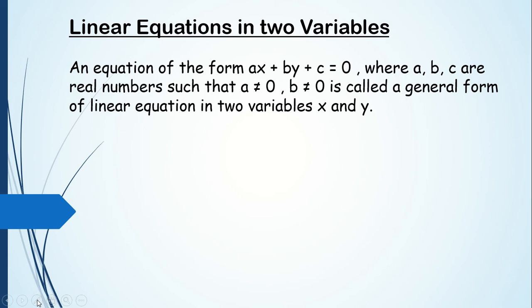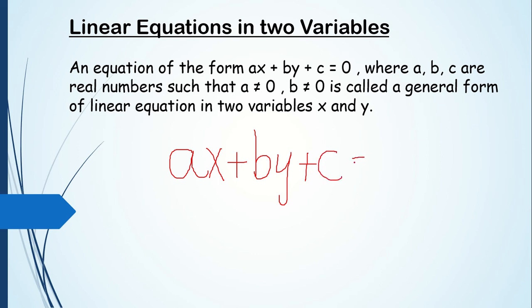This, ax plus by plus c is equal to 0, is the general form of linear equations in two variables. The most important first point for any equation to be a linear equation is that the degree of the variable should always be 1.